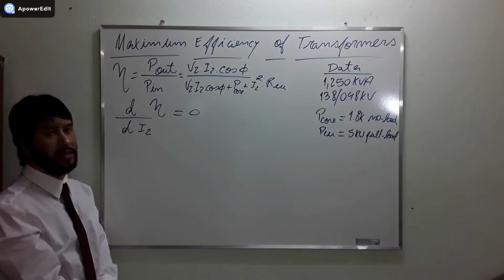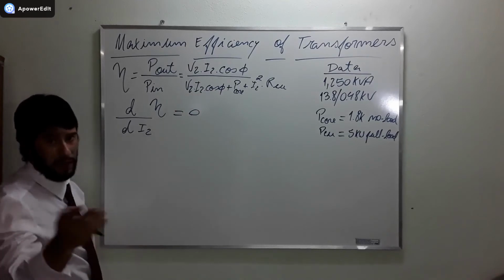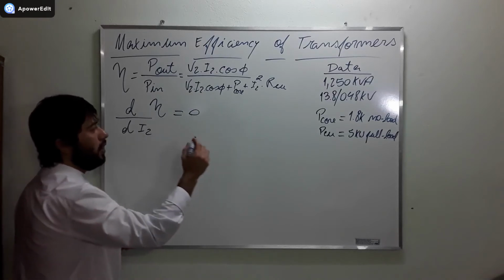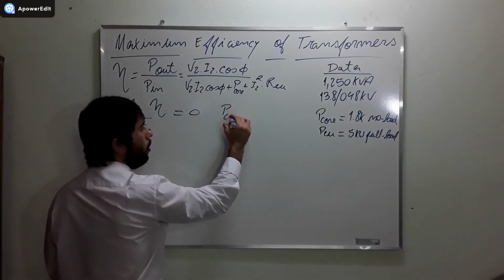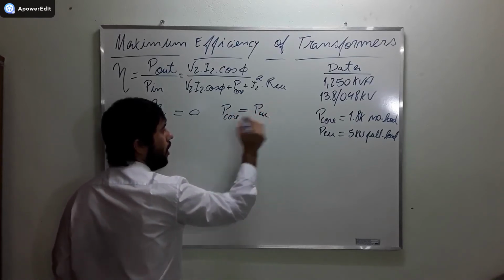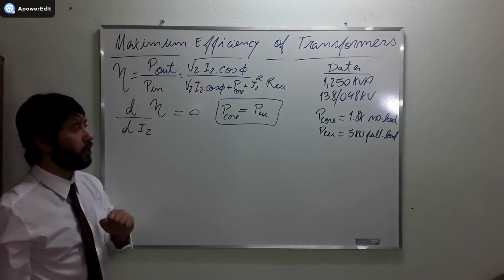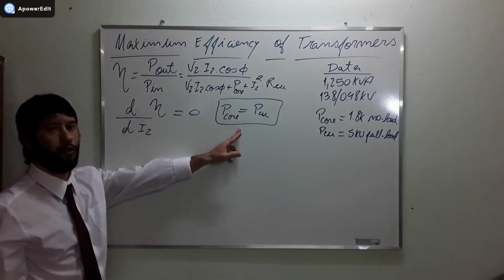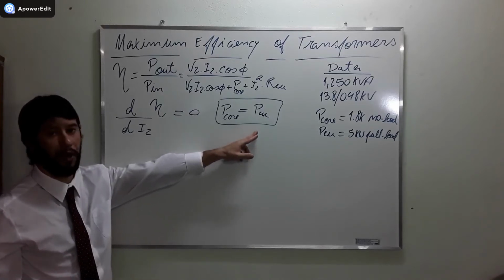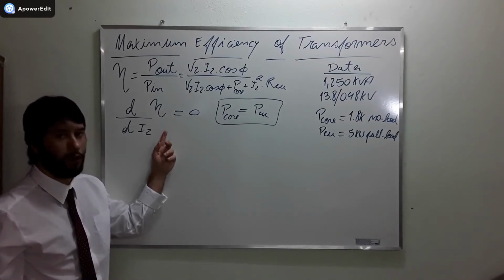If we take the derivative of this expression, I'm going to let you try it, but I'm going to tell you in advance that it means that the core losses have to be equal to the copper losses. You are going to develop this derivative and reach this conclusion, that when the core losses are equal to the copper losses, we have maximized the efficiency of the transformer.